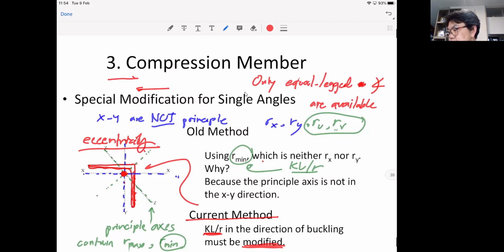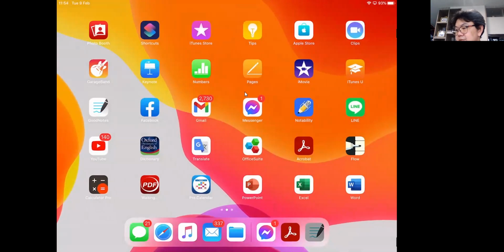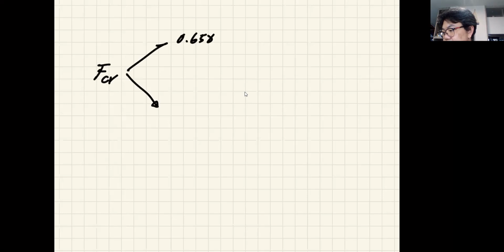Okay, now let me try to write this for you. Let's say you have F critical and you have two formulas to calculate it. It's 0.658 raised to Fy over Fe, then multiplied by Fy, when KL over R is less than 4.71 square root of E over Fy.